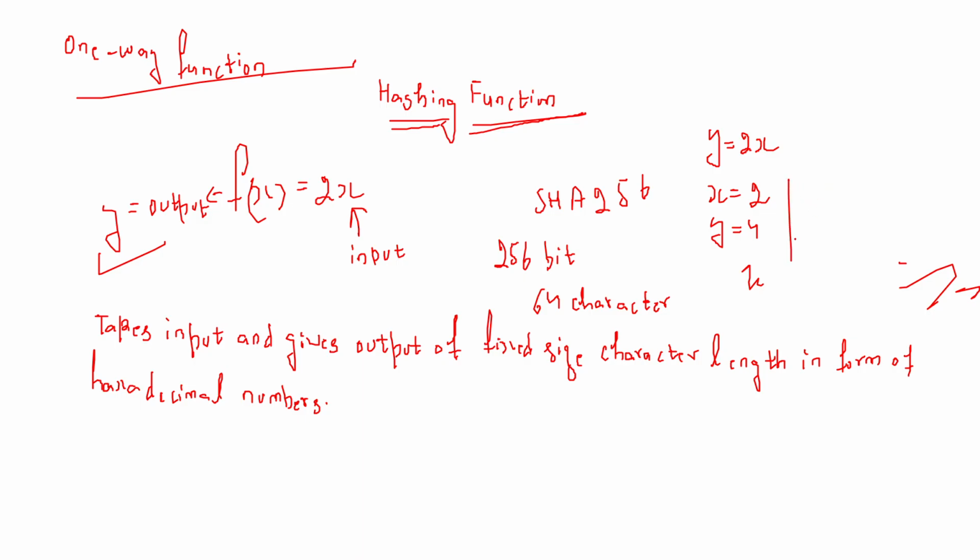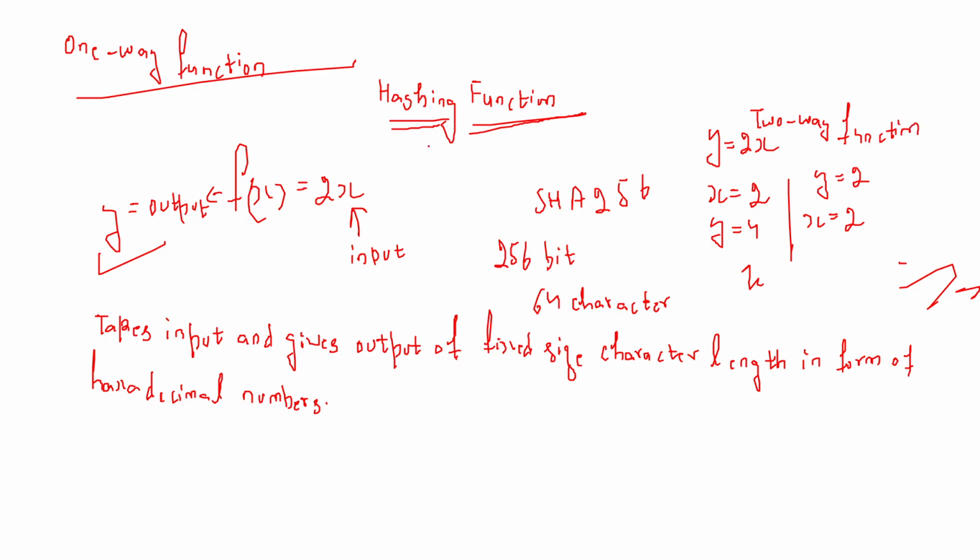Conversely, if I give you the value of y, let us say 4, you can easily deduce that the value of x is 2. That is why we say this function y is equal to 2x is a two-way function.